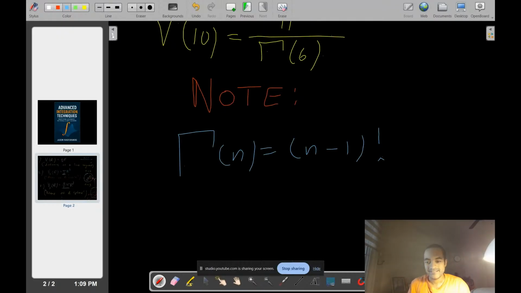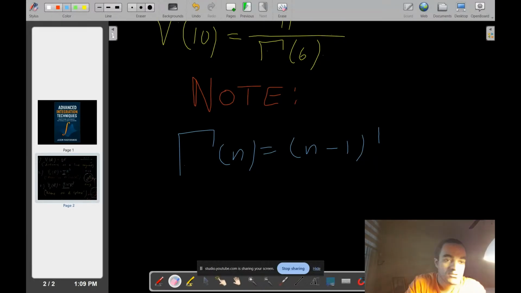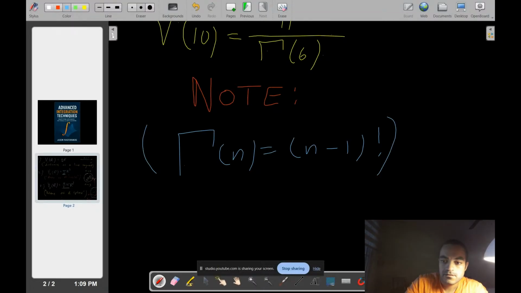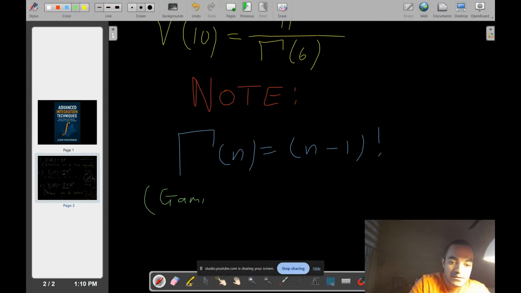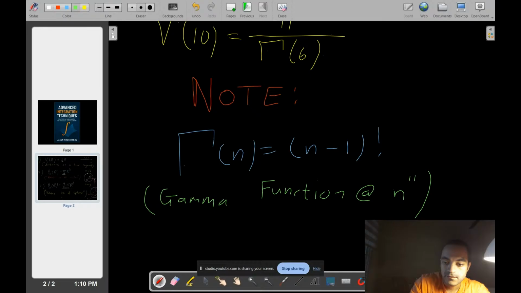So, (n minus 1) factorial. This is the gamma function at n, in factorial form.